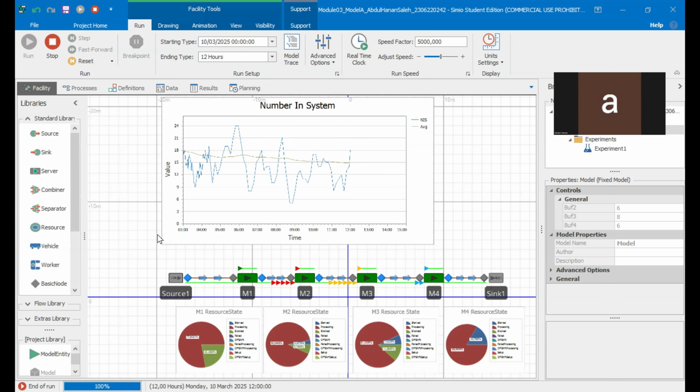As we can see, at the beginning it rises up, but then it started to stabilize as the process went on.